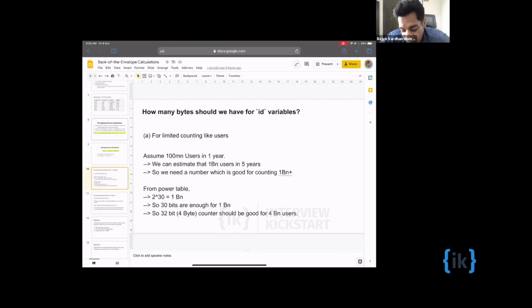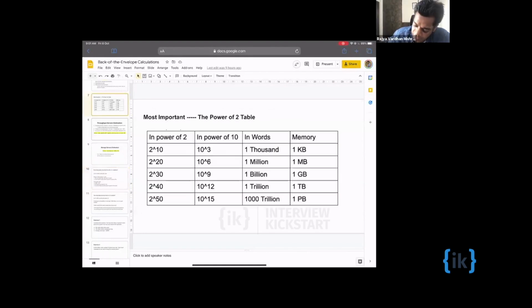Then if you look at the next 5 years, you can say that these 100 million users are going to increase to 1 billion users. So that means we need a number which is good for counting one more than 1 billion users. And if we remember this power table, 1 billion corresponds to 2 to the power 30.